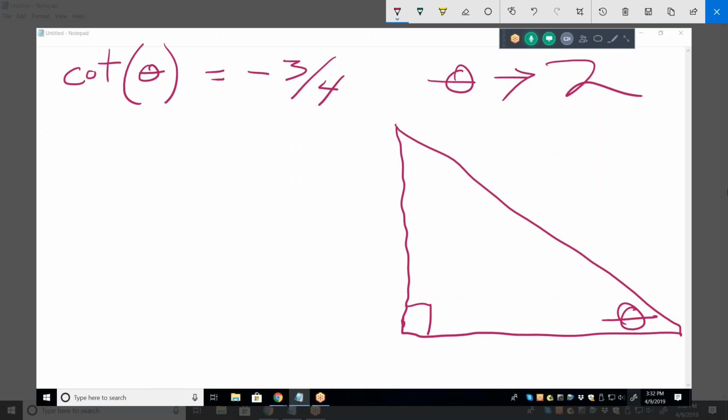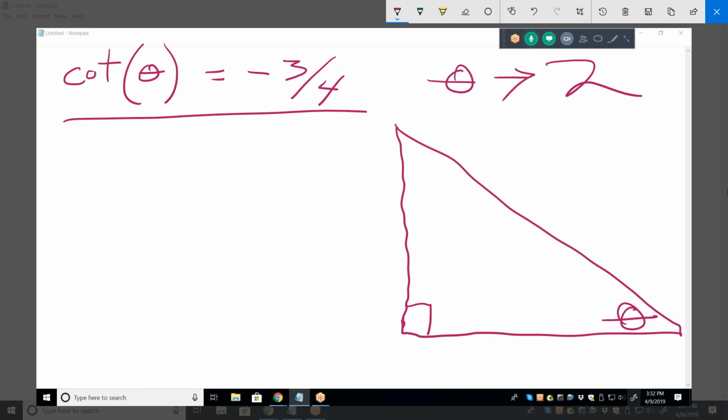Now, I have enough information to label two of those three sides. What are they? Which ones can I label? By labeling, I mean put a dimension on it. The side opposite theta is 4, and the side adjacent to theta is 3.